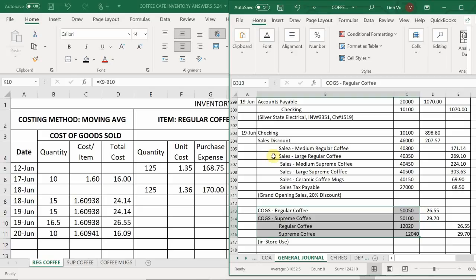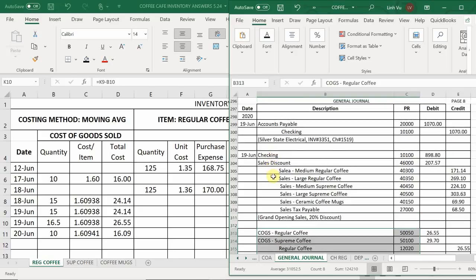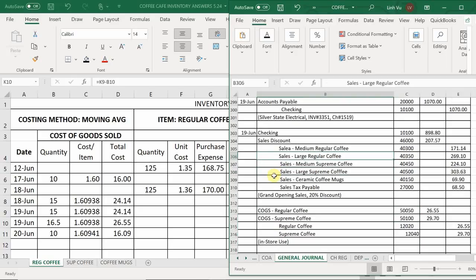Okay, and your question is, that's all I can see on there that I had to do. The grand opening discount, the coffee. I'm not understanding your question. Okay, so we just went to the inventory worksheet, right?